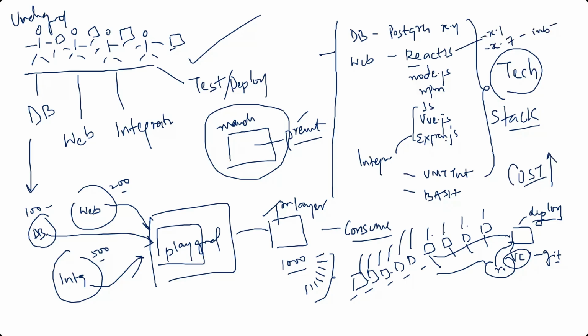Because with this version mismatch, there could be build failures because one guy is in old React, the other guy is in the new React. Similarly, a person who is working on one version of DB might be using x.y, the other person might be using x.y.1. This mismatch will eventually lead to the blockers.